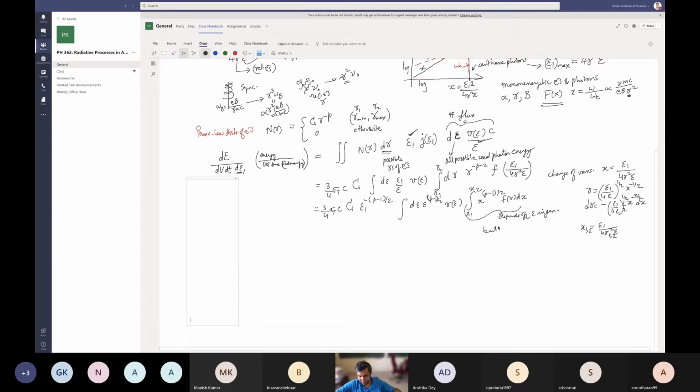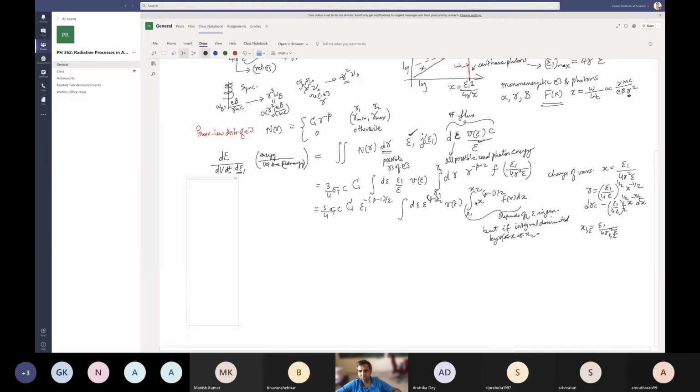But if this integrand peaks at an x which is far away from x1 and x2, if the integral is dominated by x less than x2 and much greater than x1, basically the integral does not depend on the limits.